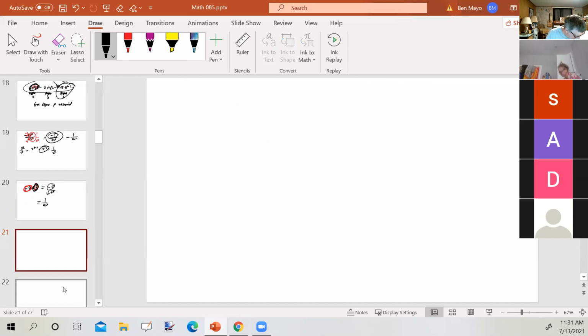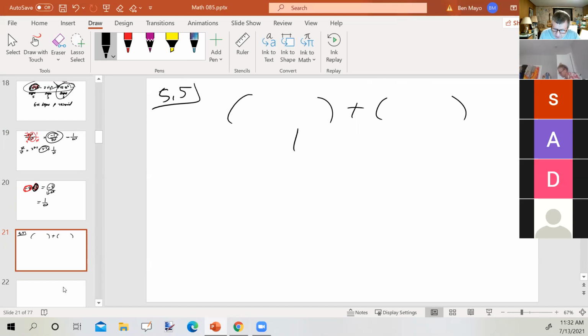Okay, well, while you're contemplating, I'm going to take a look at section 5.5, which was adding and subtracting polynomials. A couple of things. If you've got nothing in front of a grouping symbol, or a plus sign in front of a grouping symbol, you just bring down what's in the grouping symbol.